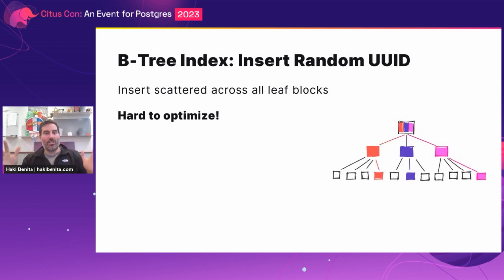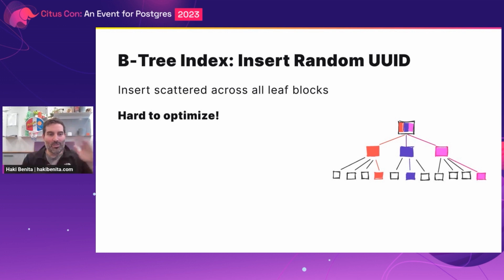If we consider, however, the random UUID, when we insert data into the index, it's completely random. It's not sortable in any meaningful way. So we are basically inserting data into different leaf blocks in the index, right? You can see that we have this right leaf block, then the purple middle block, the orange on the left, and so on.